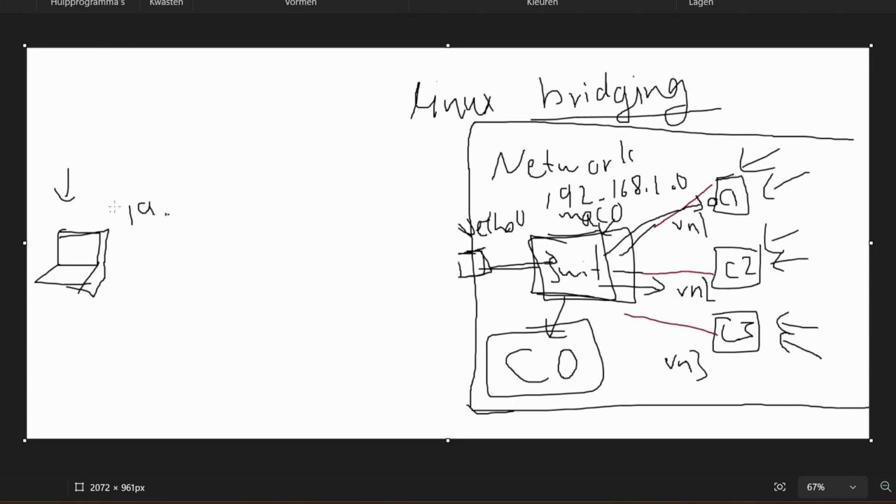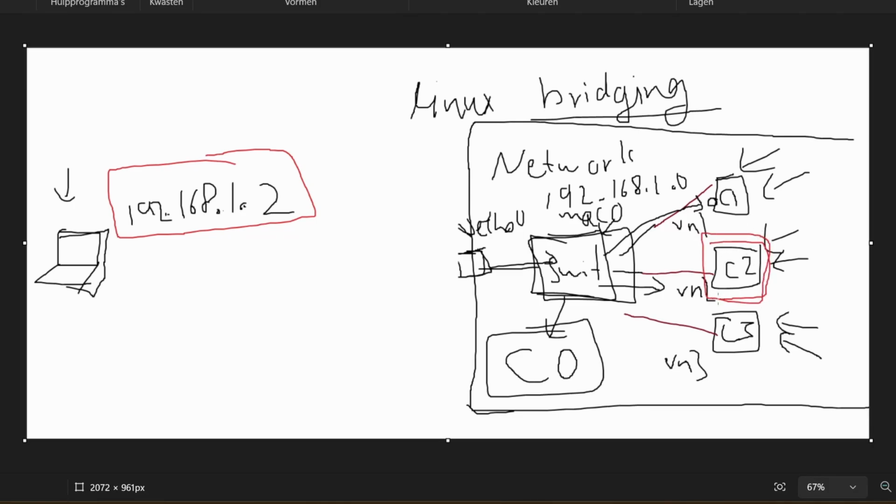Of course, if this computer is sending a request to any of these computers, it has to write the IP of that specific computer. So for example, we have 192.168.1.2. This IP address, let's say, corresponds to computer 2, running inside computer 0, which is expecting traffic to go through the physical Ethernet 0.